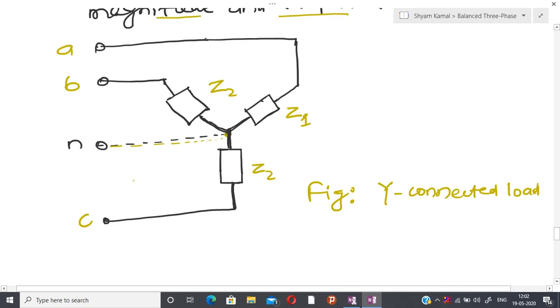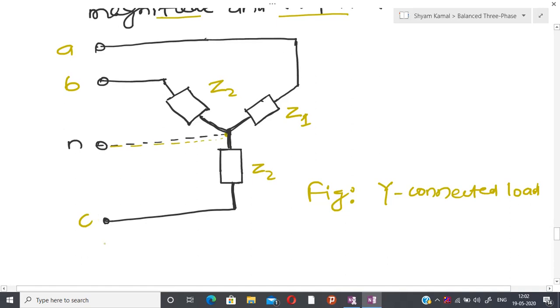Generally ABC, the meaning of ABC here is, as with the source, line A is going to connect with that A, B with that B, and C with that C. That is the rough meaning of this kind of symbol.